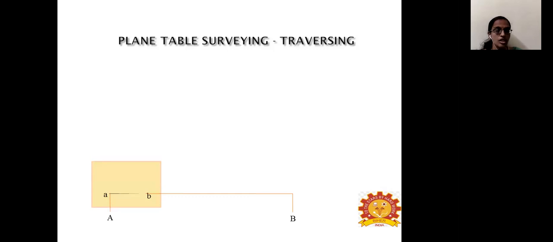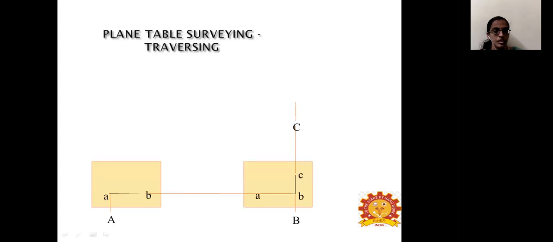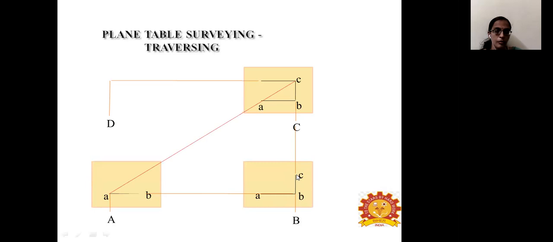What we have to do is, at the start, this point is known as A. By using linear measurement, or by adopting a suitable scale, we can mark the point B. After going to point B, it lies exactly at 90 degrees. By sighting the object and adopting a suitable scale, we can mark C on the paper.